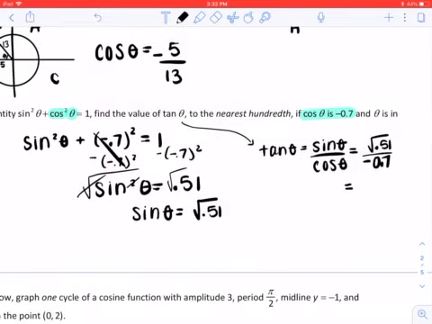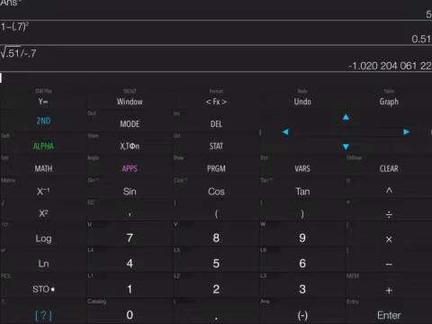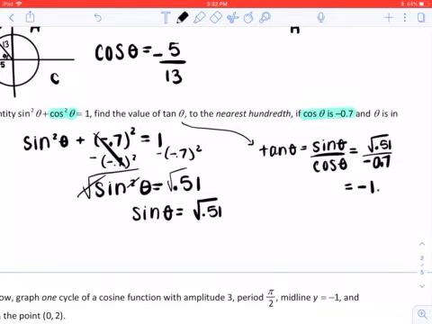So square root of 0.51 divided by negative 0.7. Oops, gotta do that again. Square root of 0.51 divided by negative 0.7. And we get negative 1.02 because that's our nearest hundredth. So tangent of theta equals negative 1.02.